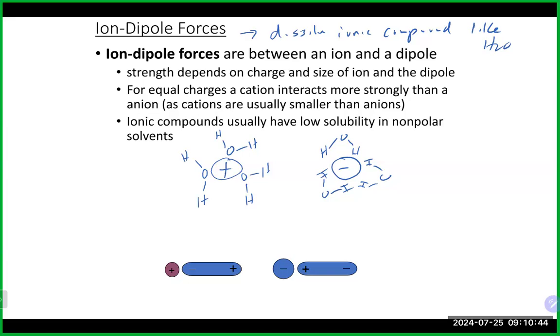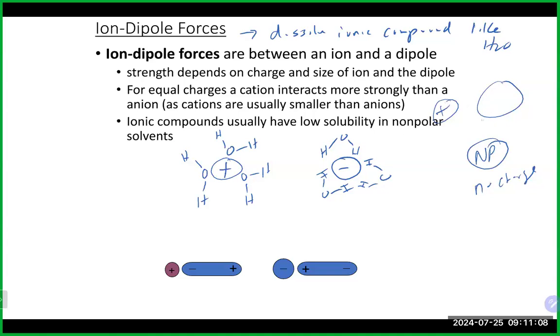Ionic compounds have low solubility in nonpolar solvents, and that is why water is a really good solvent for something ionic, because it's polar. A nonpolar solvent has essentially no charge, so it makes it really hard to interact with something that does have a charge.